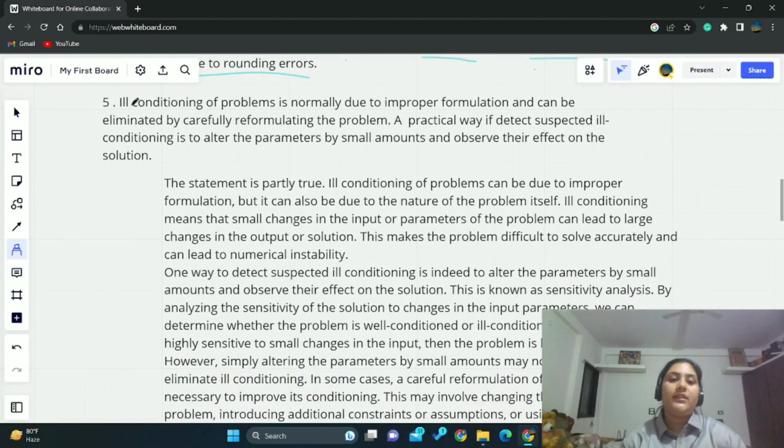Question number 5: ill condition problems, normally due to improper formulation, can be eliminated by carefully reformulating the problem. A practical way, if you detect a suspected ill condition, is to alter the parameters by a small amount and observe the effect on the solution.